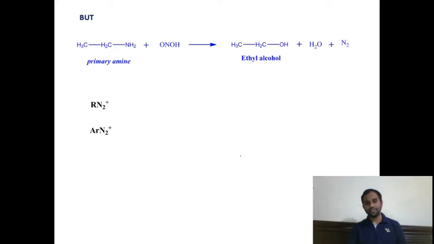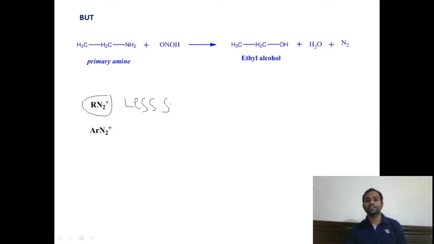Similar to aromatic amines, the aliphatic amines do not give a diazonium ion.